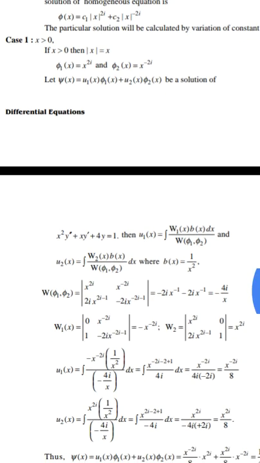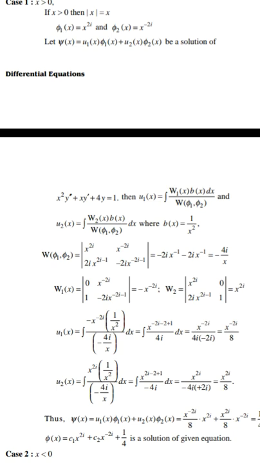W of phi 1 phi 2 is equal to the determinant of x to 2i, x to minus 2i, 2i x to 2i minus 1, minus 2i x to minus 2i minus 1, which is equal to minus 2i x to minus 1 minus 2i x to minus 1, equal to minus 4i divided by x.